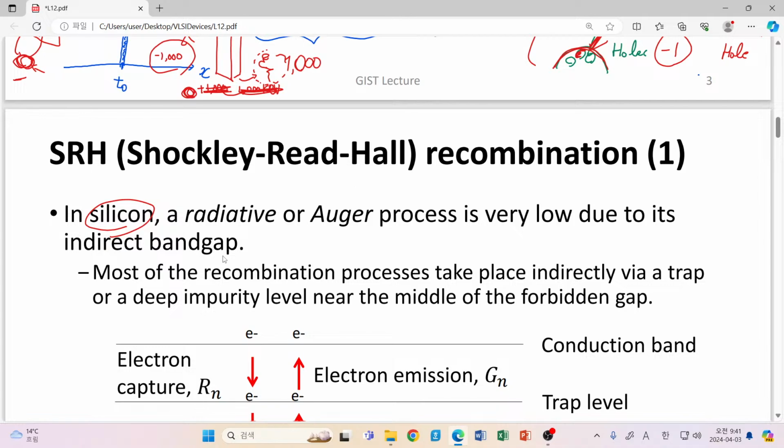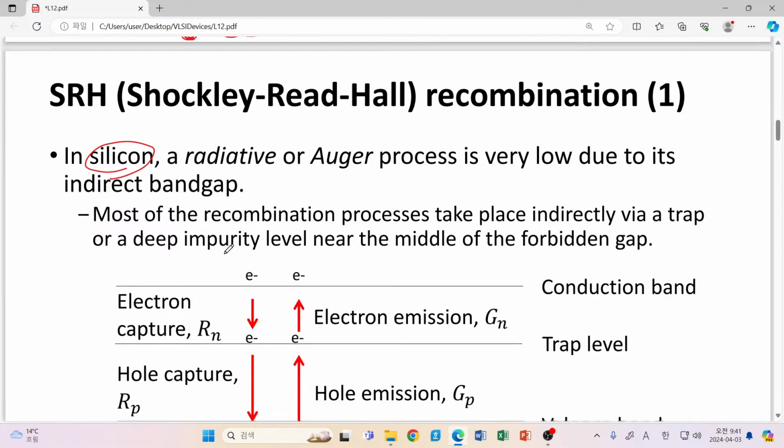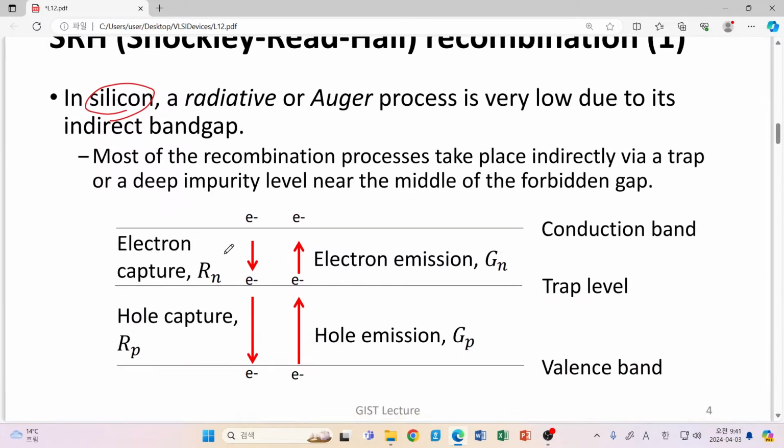Why is that not allowed? Because of their band structure. So the more probable way we can exchange electrons between the conduction band and valence band is to assume the existence of an intermediate agent, as in my example.